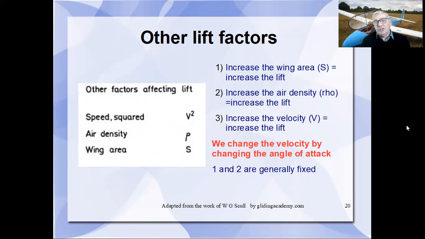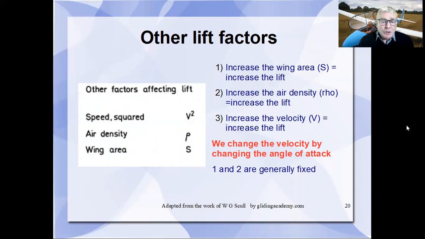Increasing the square area of the wing will increase the lift, but of course there's not much a pilot can do normally to change the size of the wing. Increasing the air density will increase the lift generated, and what that means is gliders or any aircraft will be more efficient. It will take off more readily. It needs a shorter ground run than if it's in a low density air mass.